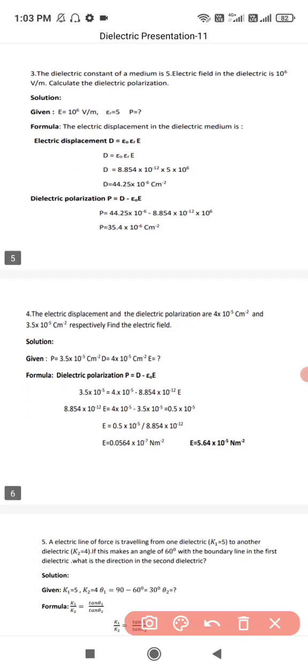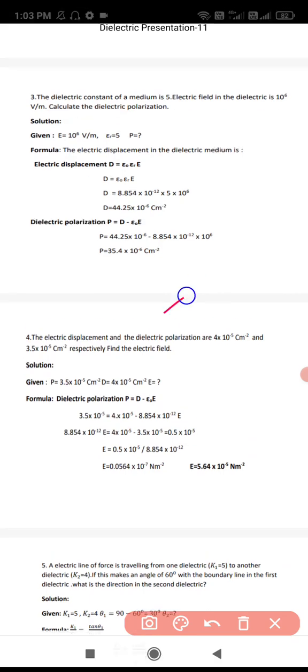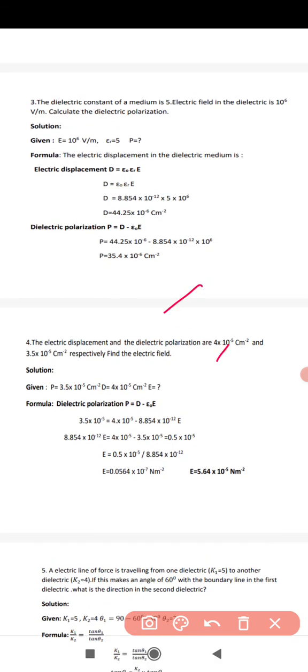Now the fourth problem. The electric displacement D is 4 into 10 power minus 5 coulomb per meter square, and the dielectric polarization P is 3.5 into 10 power minus 5 coulomb per meter square. Then we find the electric field intensity.